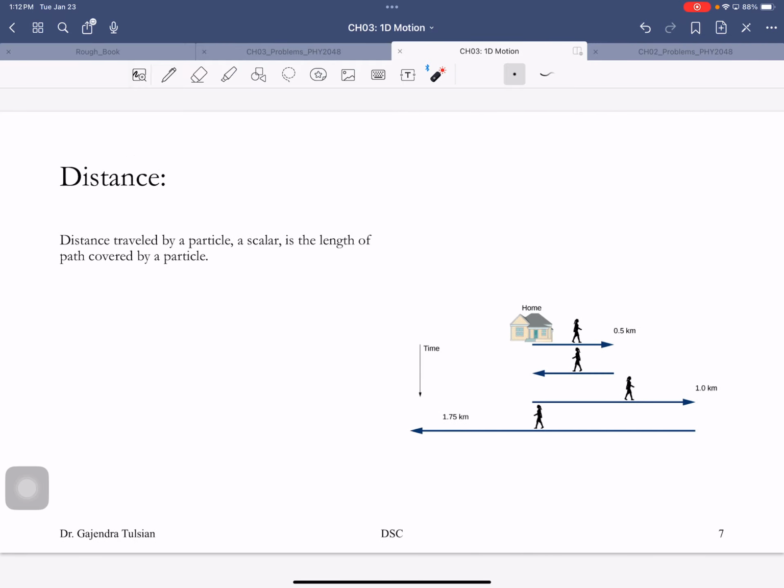Now for this journey, the displacement vector is 0 vector. The distance traveled is 1 kilometer. For this journey, the displacement vector is negative 0.75 kilometers. The distance traveled is 2.75 kilometers.